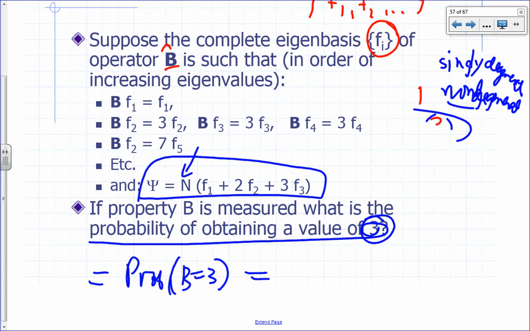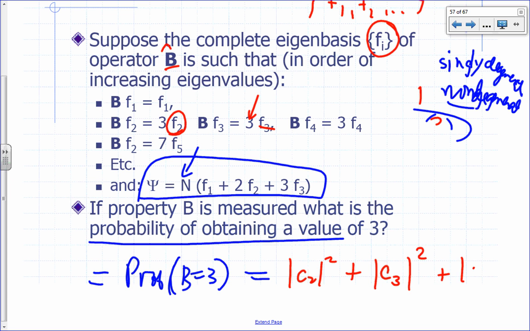Which of these eigenfunctions have an eigenvalue of 3? This one, f2, right? So it's going to be c2 squared. But f3 also has an eigenvalue of 3, so you can add to that c3 squared, plus c4 squared, because these are the 3 eigenfunctions that have an eigenvalue of 3.